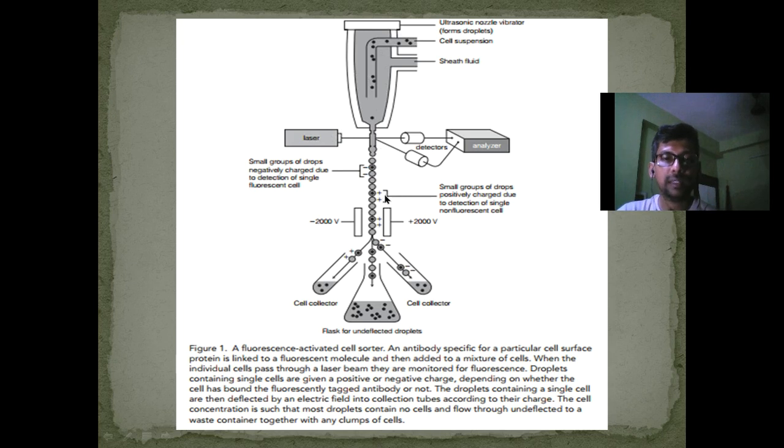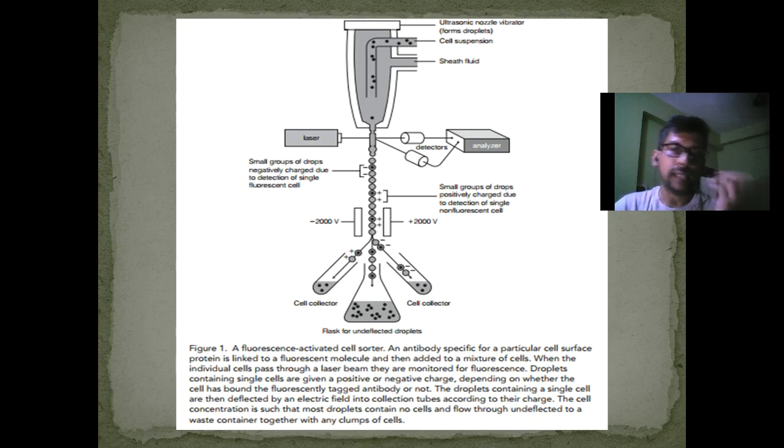and they are monitored for their fluorescence quality. Droplets containing single cells are given a positive or negative charge, depending on whether the cell has bound the fluorescently tagged antibody or not. That is, not all cells like A, B, C, D, E have the capacity to attach to the antibody of interest.